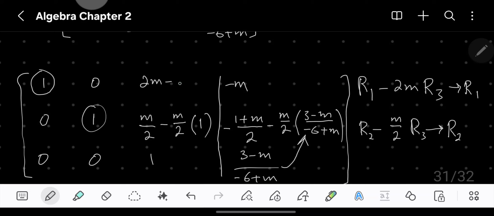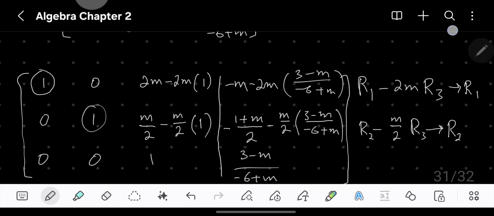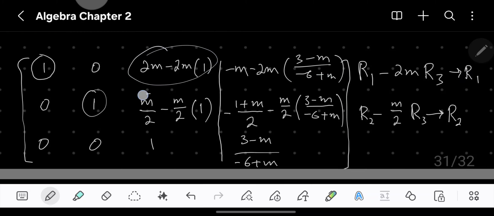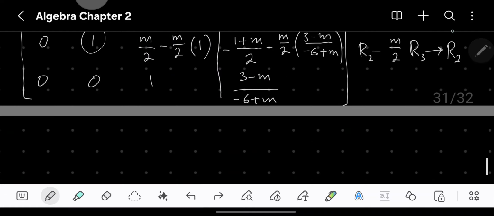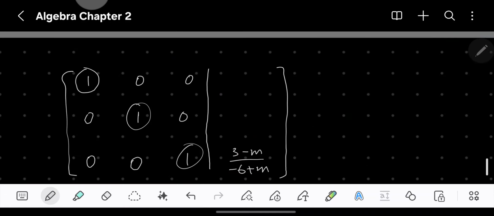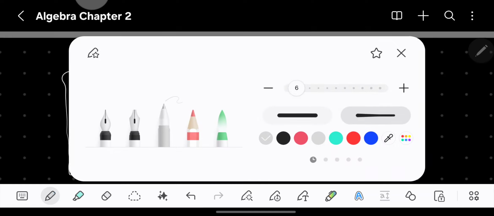Here I will write minus 2m times R3 is 1. So I will write this. Okay. Similarly, again minus 2m times R3. R3 is this value. I will write here 3 minus m by minus 6 plus m. Now you can check this is 0 and this is 0. Okay. So I have put here 0.